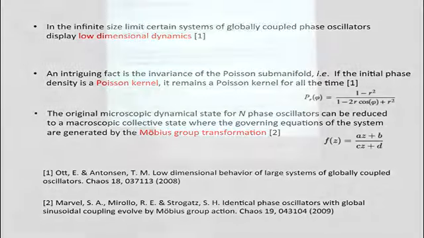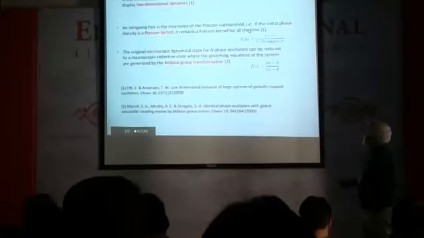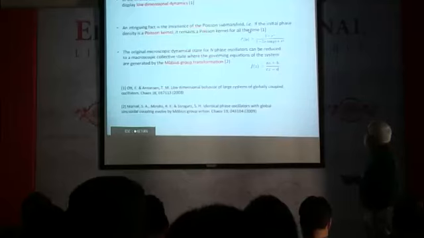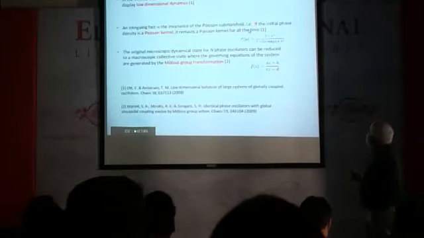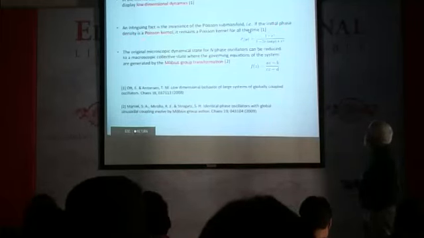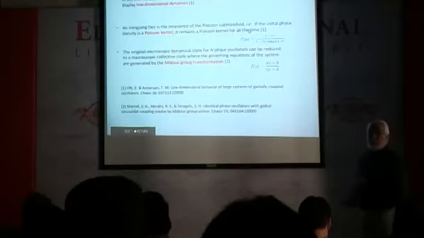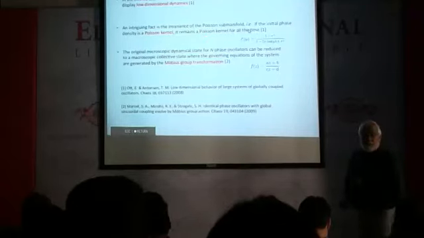Then this is relevant because of the previous talk, where it was mentioned that the intriguing fact is the invariance of the Poisson submanifold. What it means is that if the initial phase density is a Poisson kernel, it remains a Poisson kernel all the time for these coupled oscillators.